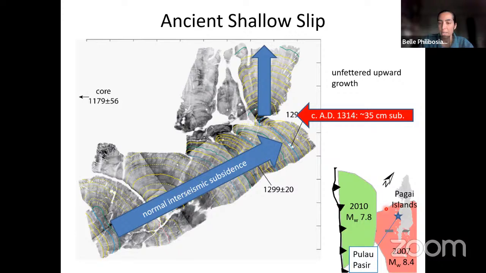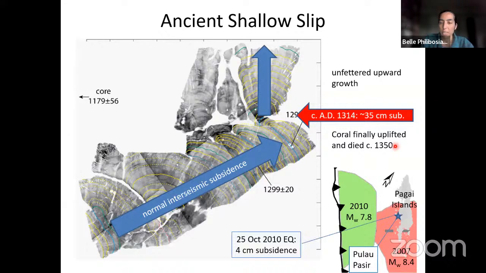And at this location, it was later uplifted and died in 1350, which was one of the more typical megathrust events in that cascade. But in 1314, there's evidence of this shallow event, which in comparison to the one that happened in 2010, at this site in 2010, there were only 4 centimeters of subsidence in comparison to 35.